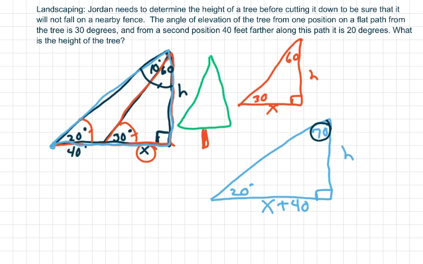All right, so I'm going to solve first for x for equation 1, and then I'm going to solve for x for equation 2, and then set them equal to each other to find h. If you want to write these down, write them down, so we can use the law of sines.